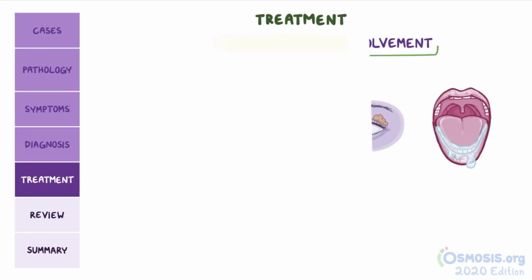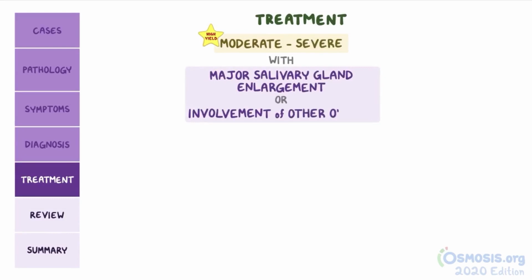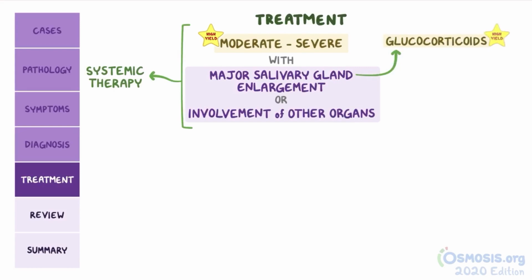Individuals with moderate to severe Sjogren's syndrome, with major salivary gland enlargement or involvement of other organs, generally require systemic medical therapy. Major salivary glandular enlargement due to inflammation can be treated with glucocorticoids. Individuals with involvement of other organs are started on disease-modifying anti-rheumatic drugs, or DMARDs.